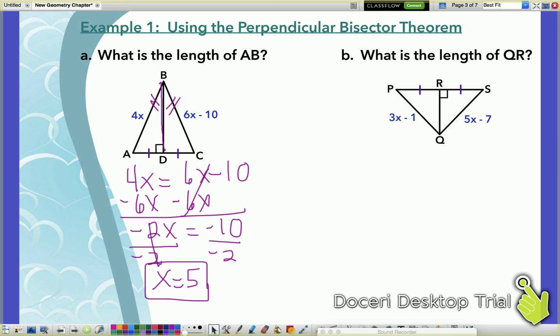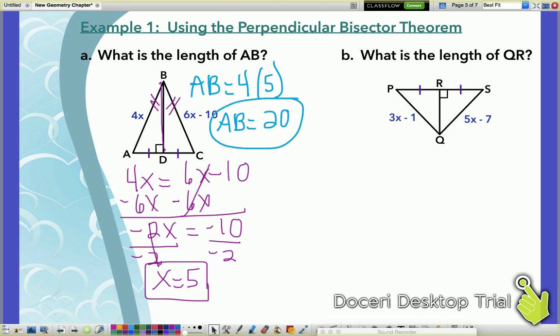That is just the value of x. So let's plug that back in for AB. 4 times x, which is 5. So the segment is 20. We don't need to label it because they're not giving me any labels.